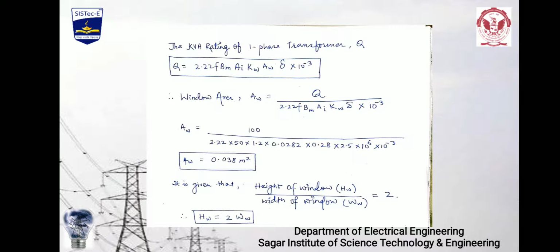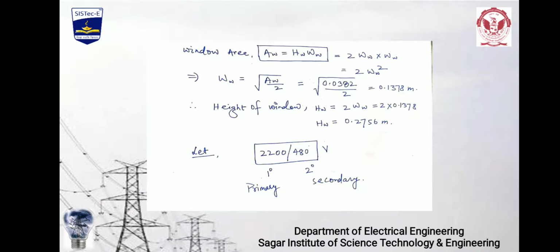It is given that HW upon WW is equal to 2. From this, HW is equal to twice of WW. Window area AW is equal to HW into WW, which is twice of WW into WW, which is twice of WW square.